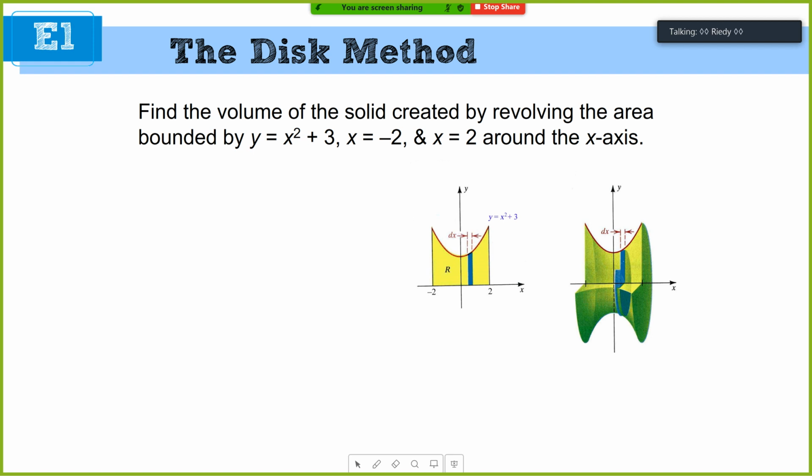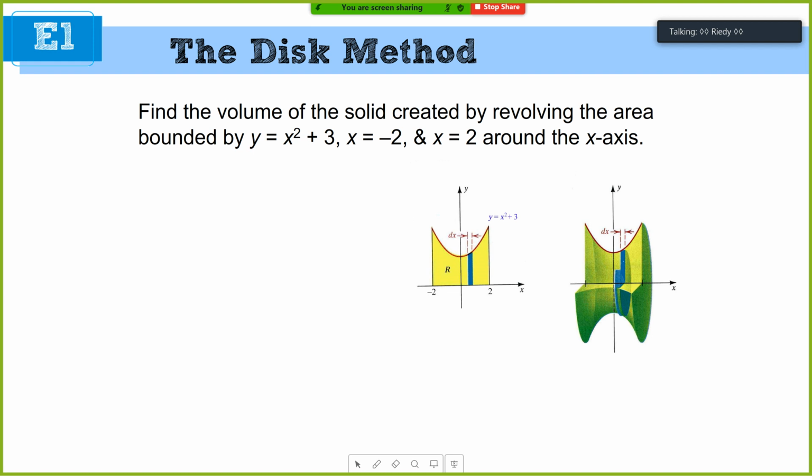How tall is that rectangle? Good. And what is R? Yes. But in this particular example, no. x squared plus 3. Good. Okay, so remember what we did the other day. If we're working in terms of x, if we have a vertical rectangle, everything should be in terms of x, and we're using top minus bottom.